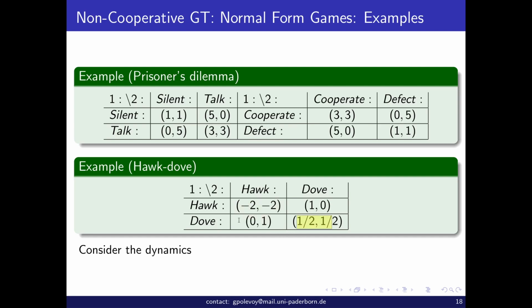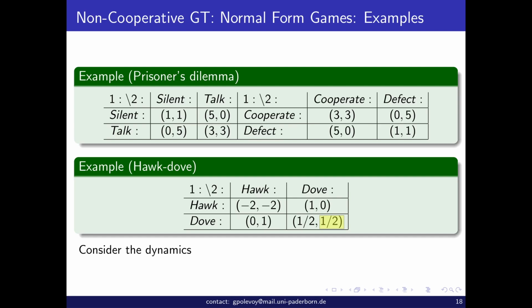Now, if one is a dove and another one is a hawk, then the one who is a dove will say, okay, it's better for me to stay a dove. I don't want to be a hawk against a hawk, because being a dove against a hawk, I'm getting 0, while being a hawk against that hawk would give me -2. And the one who is a hawk also will stay, because being a hawk against a dove gives 1, which is strictly better than becoming a dove against a dove and getting only half.